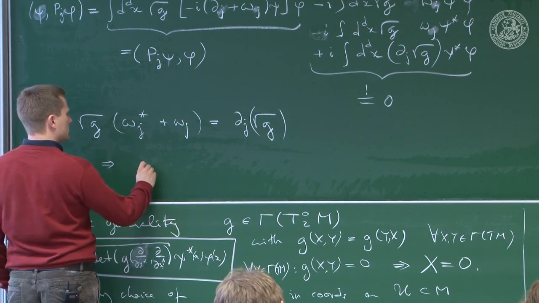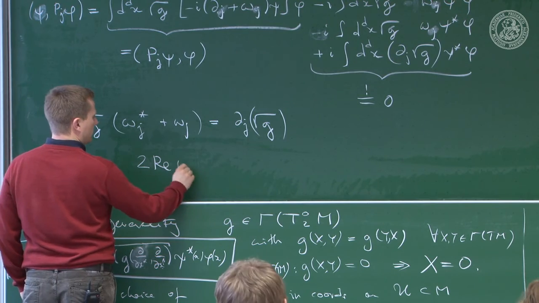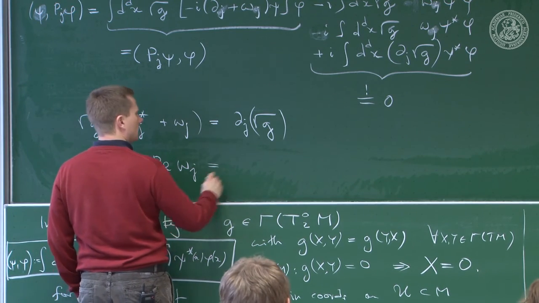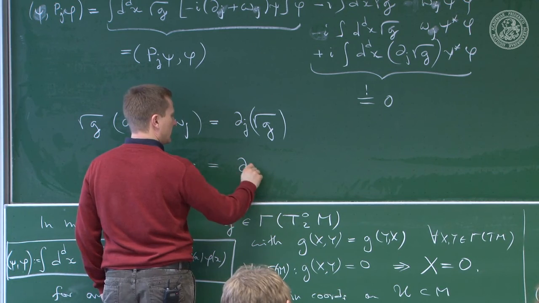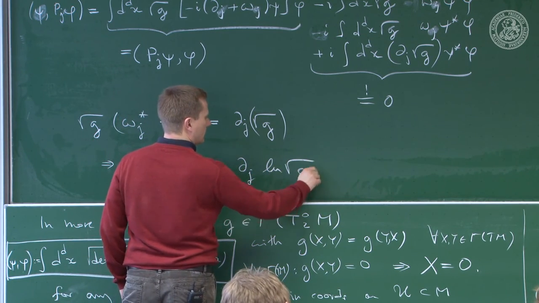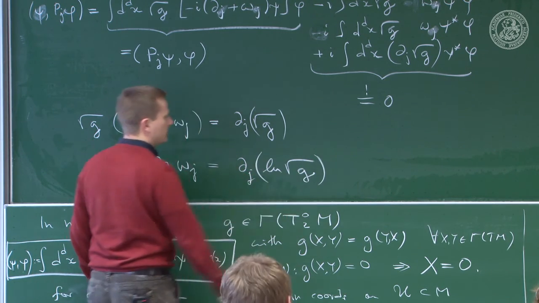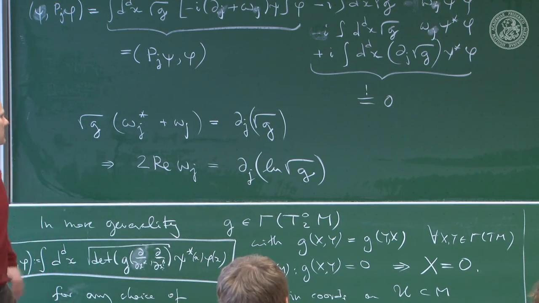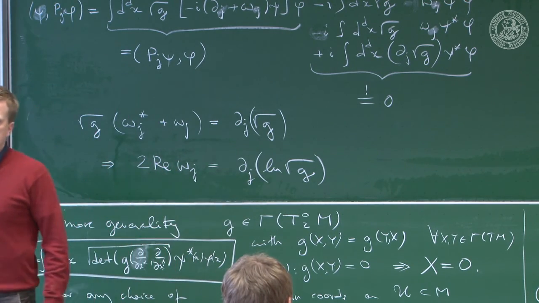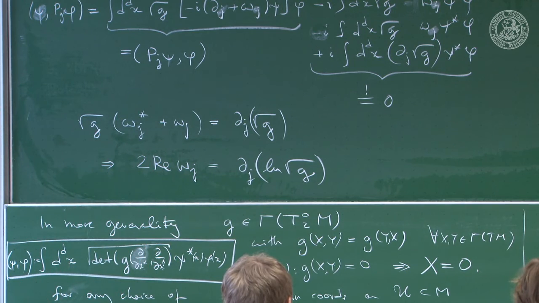In other words, 2 times the real part of omega j must be del j of the logarithm of the square root of the determinant of g. Because I multiply this through down here, and then it's the derivative of the logarithm.